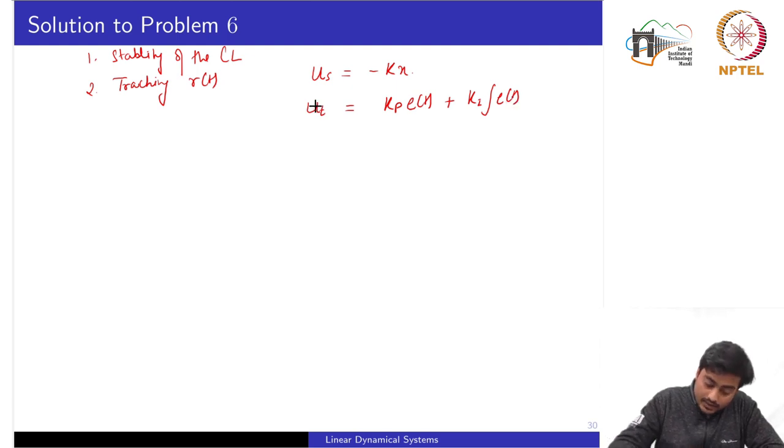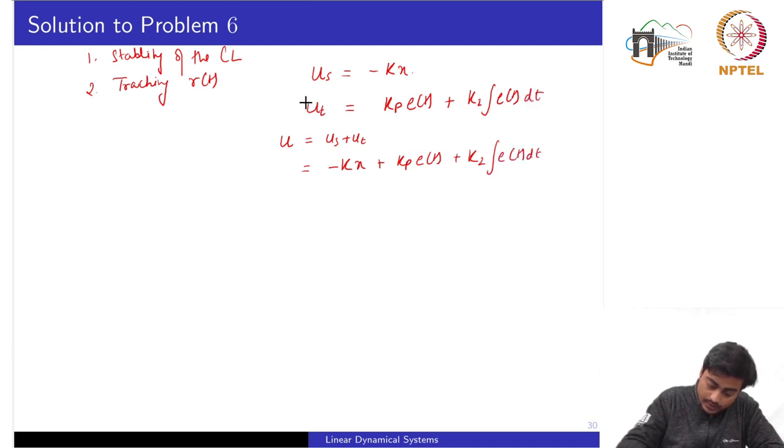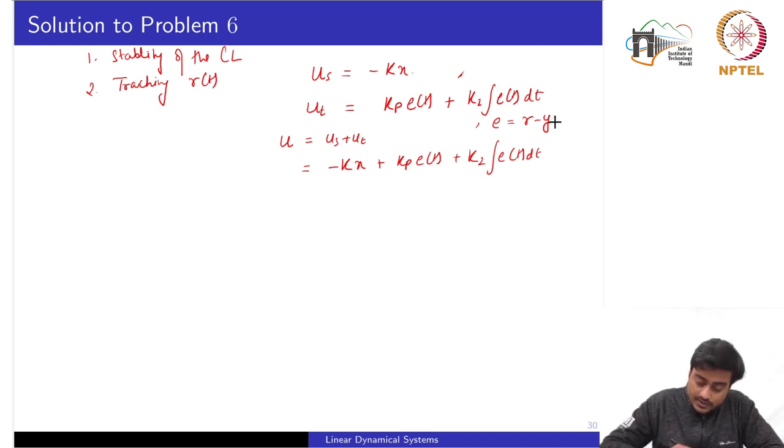Okay, so if I combine both these inputs as the actual input, that is u_s plus u_t, I would have minus k times x plus kp e of t plus ki integral e of t dt, where my error signal is r minus y of t. Okay, r is the reference trajectory and y is the output of the system.